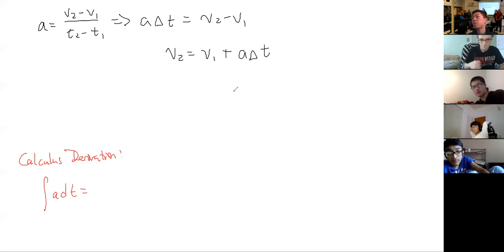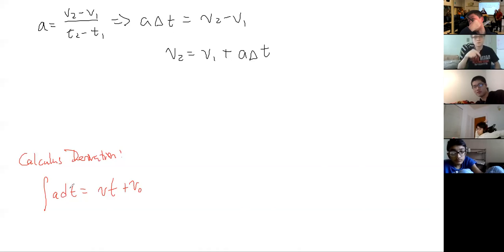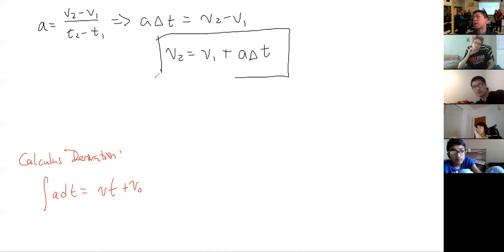And you can also use calculus directly because we can just take the integral of acceleration and we get a times t plus v sub 0. Okay, so this is the first of our kinematic equations. Any questions on that so far?